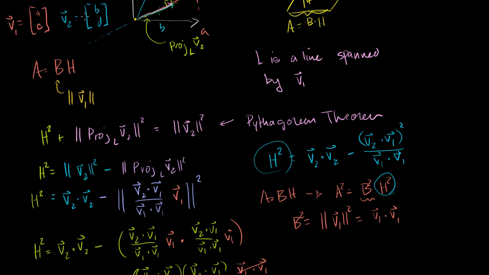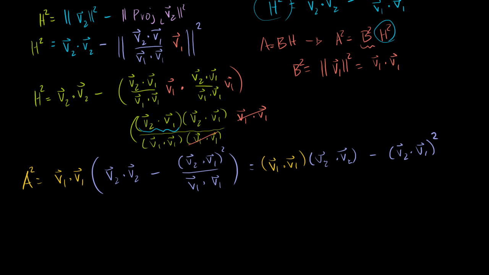Now let's remind ourselves what these two vectors were. v1 was the vector AC and v2 is the vector BD. Let me rewrite it down here so we have it to work with. So v1 was equal to the vector AC, and v2 is equal to the vector BD. So what is v1 dot v1?